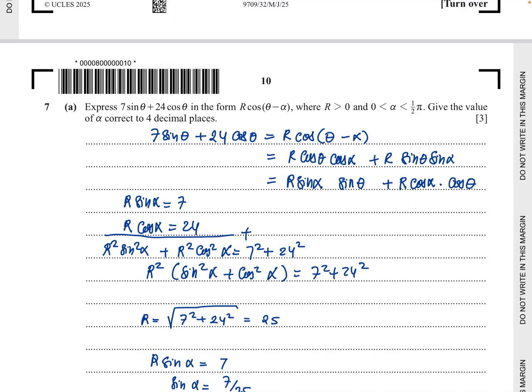Question 7a. Express 7 sin theta plus 24 cos theta in the form r cos of theta minus alpha, where r greater than 0 and 0 less than alpha less than half pi. Give the value of alpha correct to 4 decimal places.